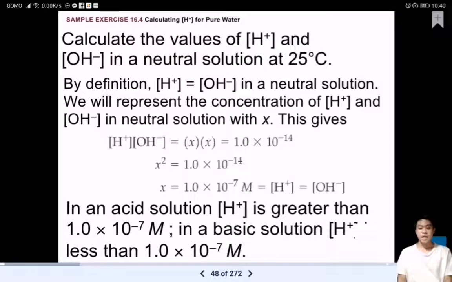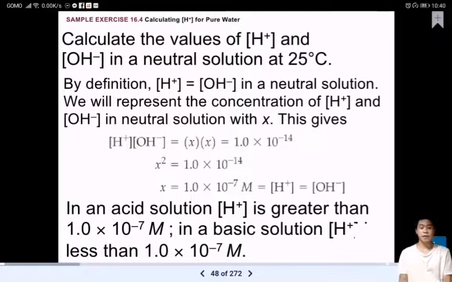By definition, the concentration of H⁺ equals the concentration of OH⁻ in a neutral solution, so we will represent the concentration of H⁺ and OH⁻ in neutral solution with X. This gives X squared equals 1.0 times 10 to the power of minus 14.